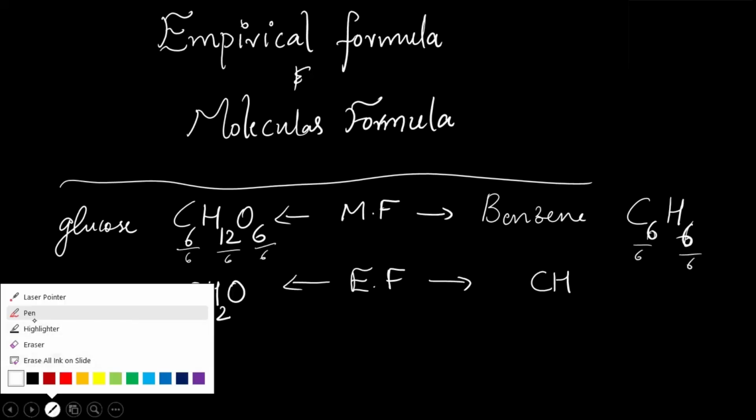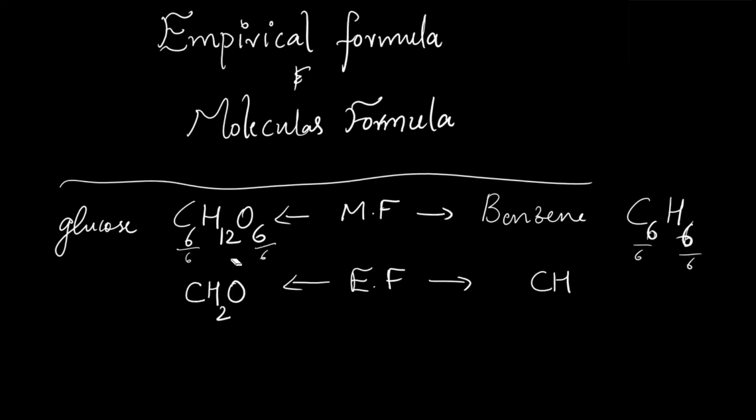That means it is the simplified ratio, or the simplest form, of the number of atoms present in one formula unit of that compound. That is the empirical formula. So what do you understand? Molecular formula gives the complete information about the different types of elements as well as the number of atoms of each element.